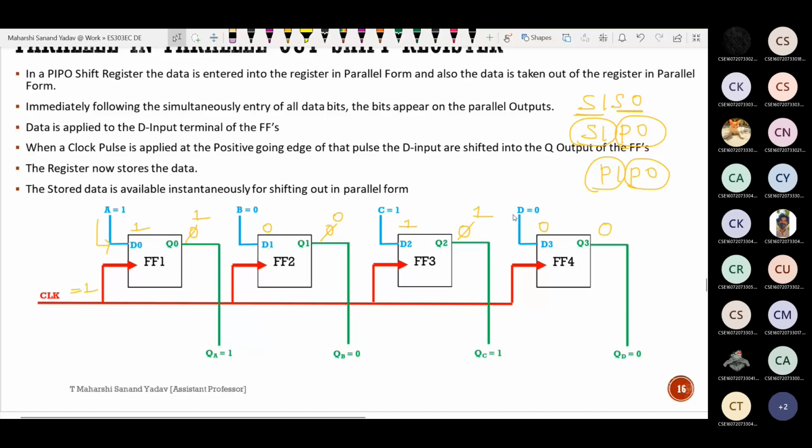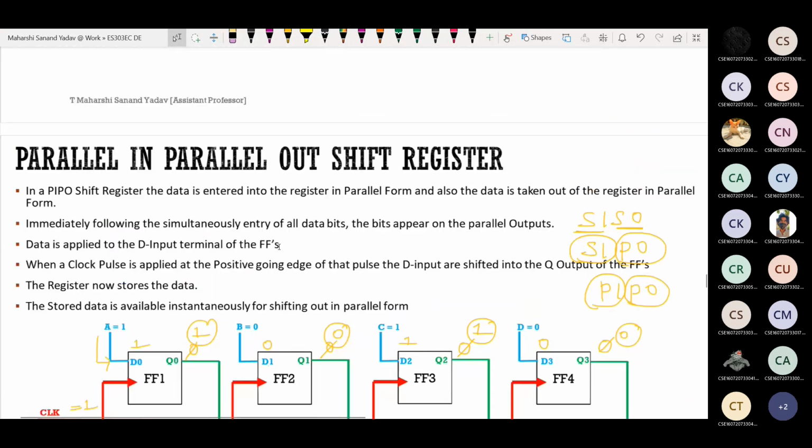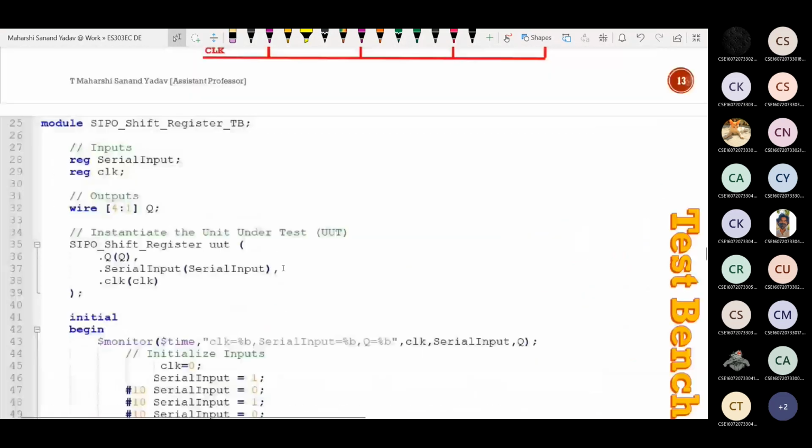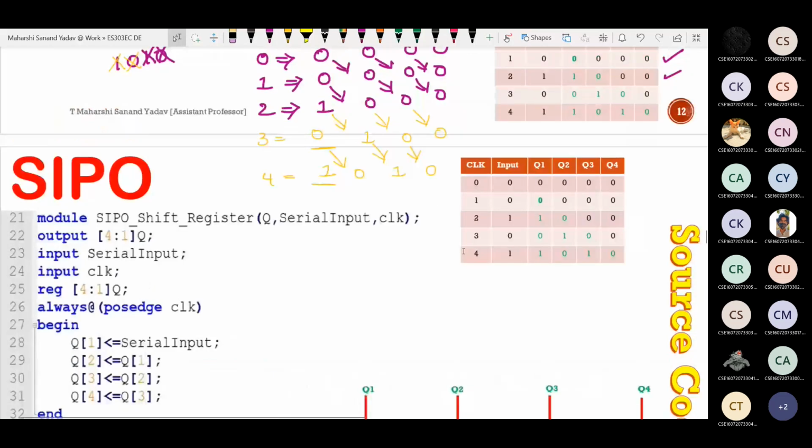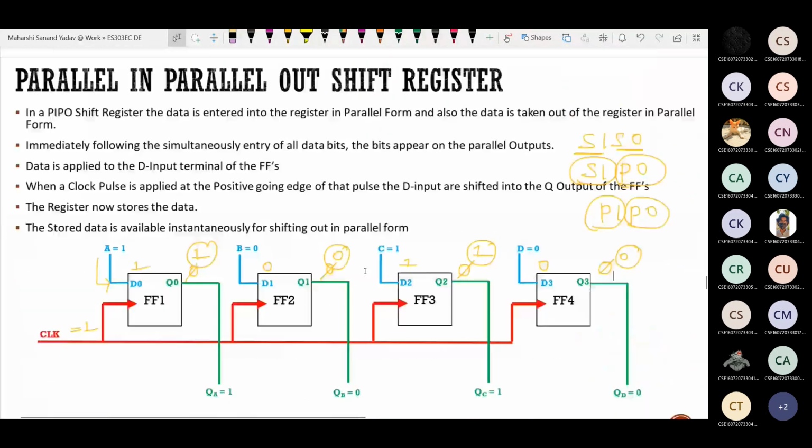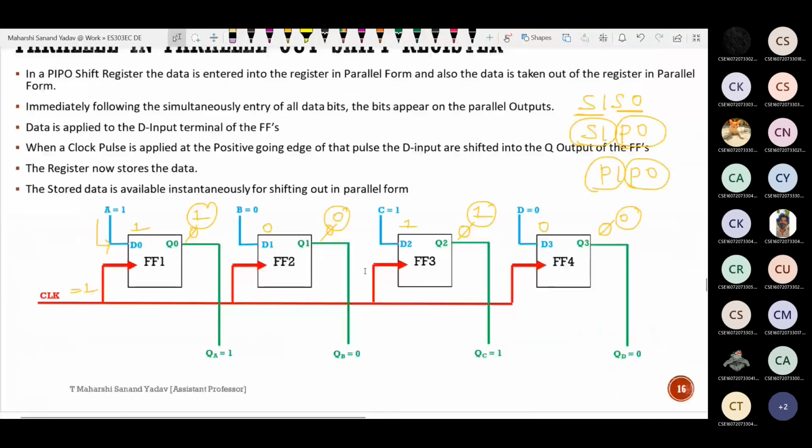Here it will be 1. Here it will be 0. So you can observe the outputs as 1, 0, 1, 0. Within a single clock pulse, you are finishing all this work. Whereas in the previous case, as you shift each and every bit serially, you need to apply more clock pulses. Whereas for parallel in, parallel out, within a single clock pulse, if you apply the input, you will get the output.